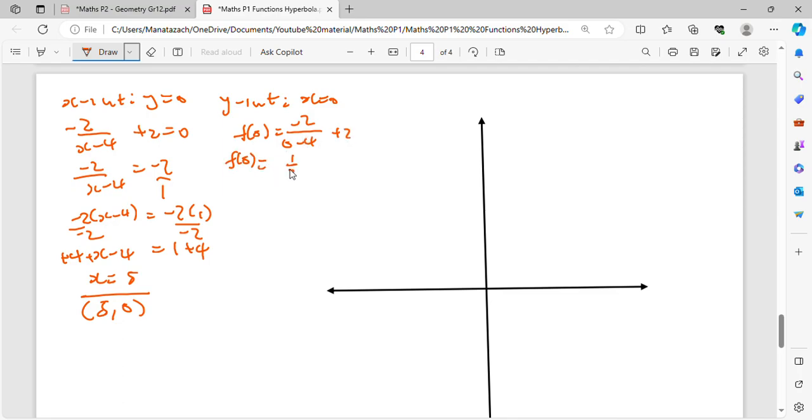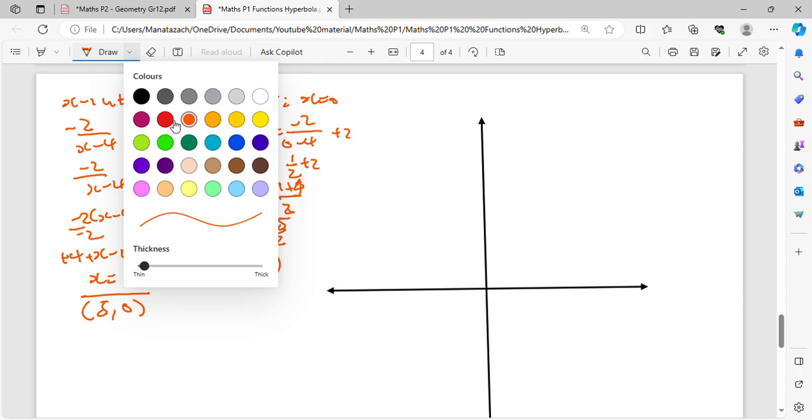Then here it's 1 over 2 plus 2, which will give us 5 over 2. Y-intercept is 0 and 5 over 2.